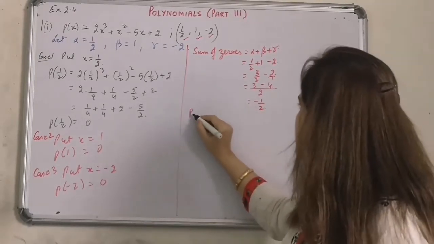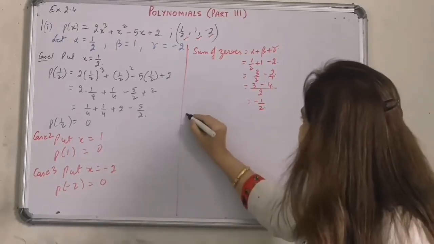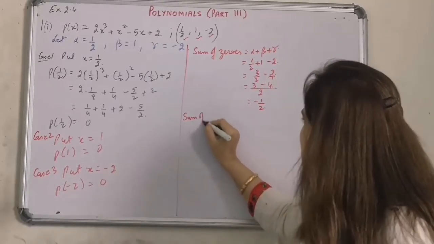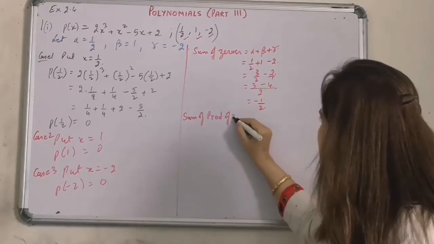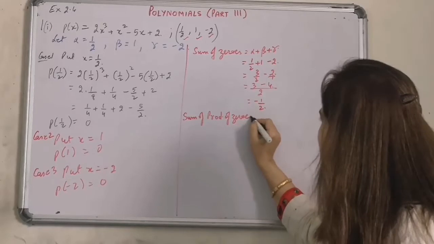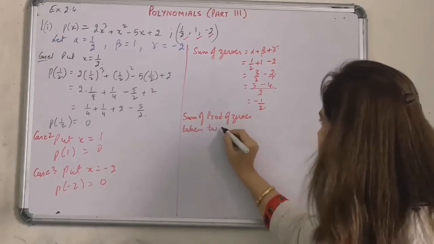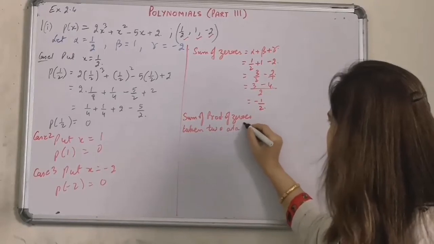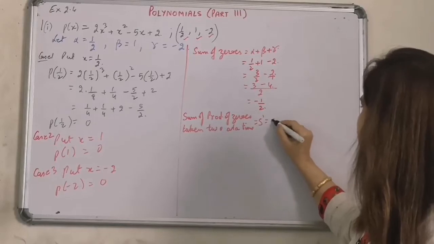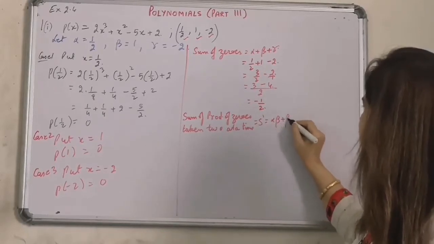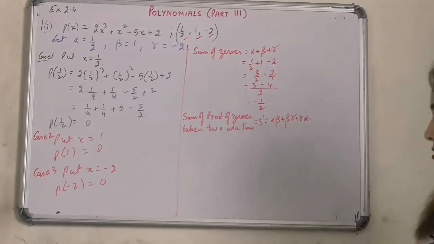Rather we should go for the sum of the product of zeros taken 2 at a time. That is S dash is equal to alpha into beta plus beta into gamma plus gamma into alpha. Let's see what this turns out to be.